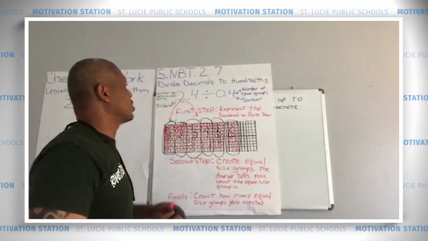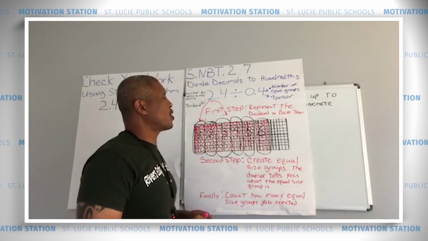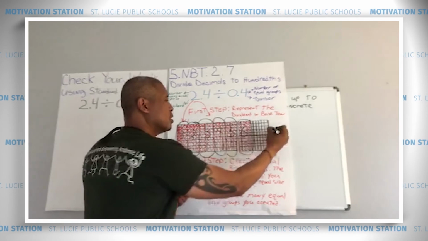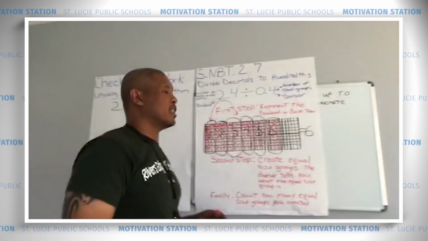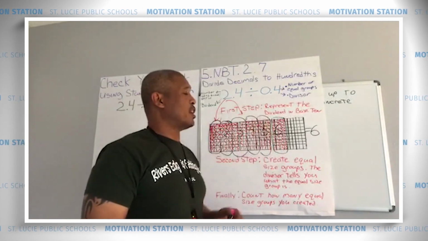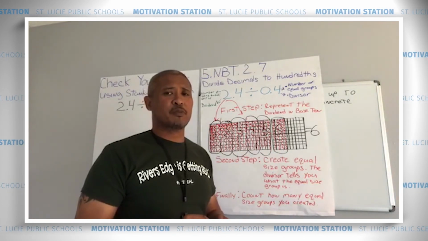So the quotient of 2 4/10 divided by 4/10 equals 6 wholes.